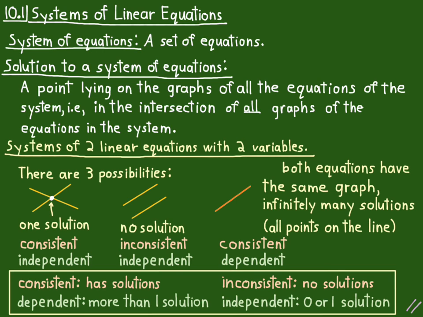If you take a linear algebra class, they'll define that more precisely, as I just did, as if one of the equations is a linear combination of the other equations, then it's dependent. But for us, this is good enough. More than one solution, they're dependent. Independent if it's 0 solutions or 1 solution.